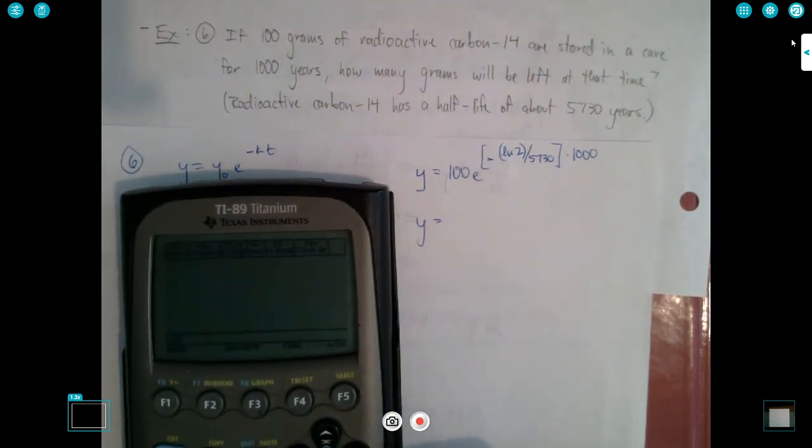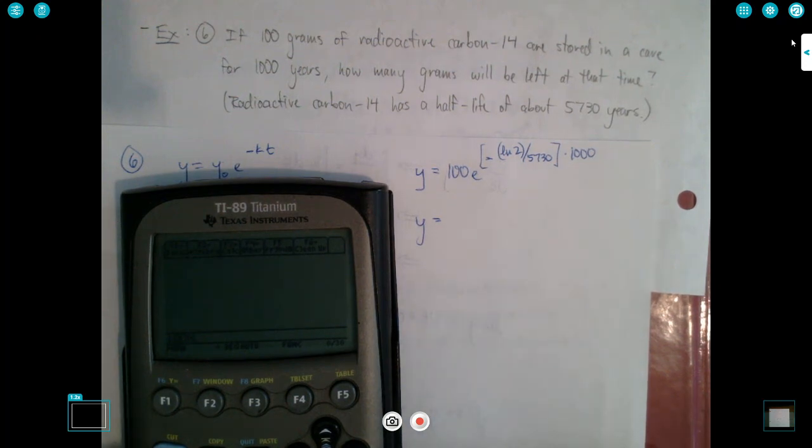I'm going to have 100 times e to the negative ln of 2 divided by 5,730 times 1,000. My calculator does a very nice job of converting that, but it's approximately 88.6.